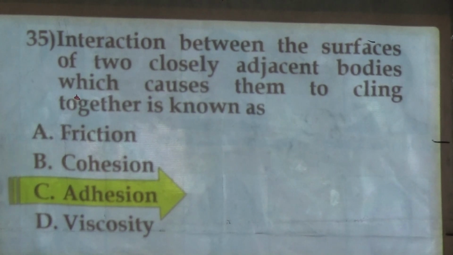Pag adhesion, different. Kaya nga, nagdikit yung two bodies, yung magkaibang body yan eh. So, pag adhesion, different. Pag cohesion, yun yung same. Ang palatandaan ko dyan, cohesion, letter C. Cohesion, kapareha. Yun yung same. Otherwise, adhesion siya.